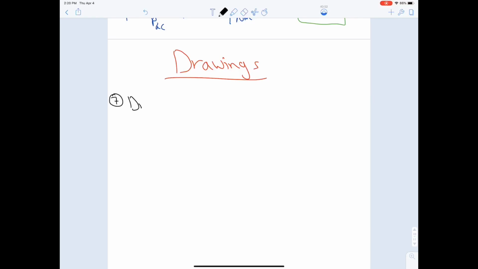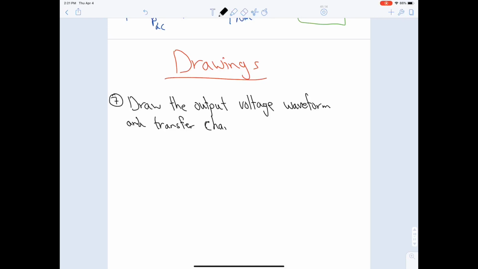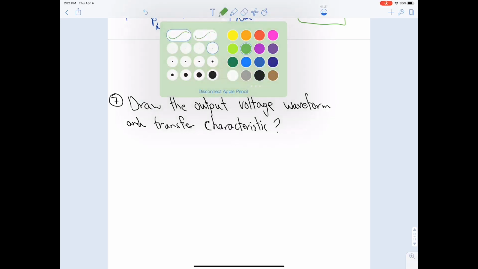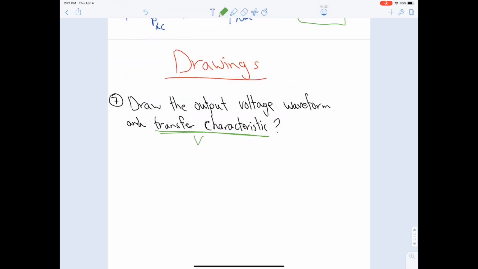The question says, draw the output voltage waveform and transfer characteristic. Now note, sometimes transfer characteristic is referred to as VTC, which is voltage transfer characteristic.